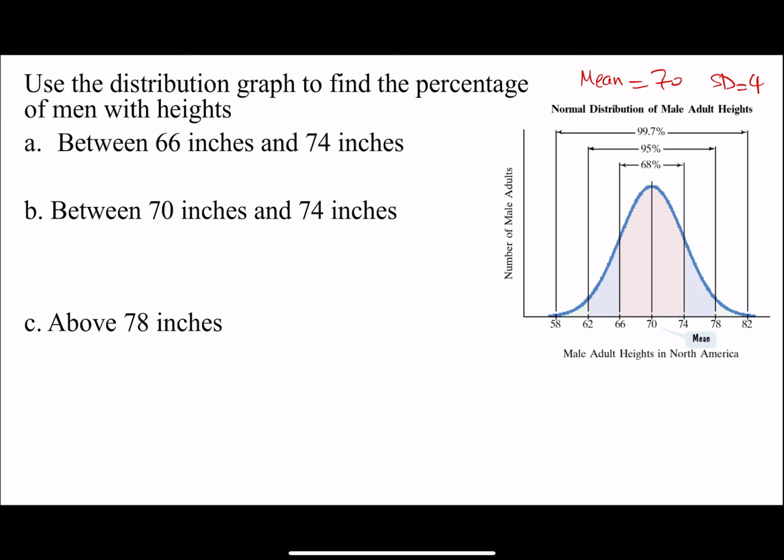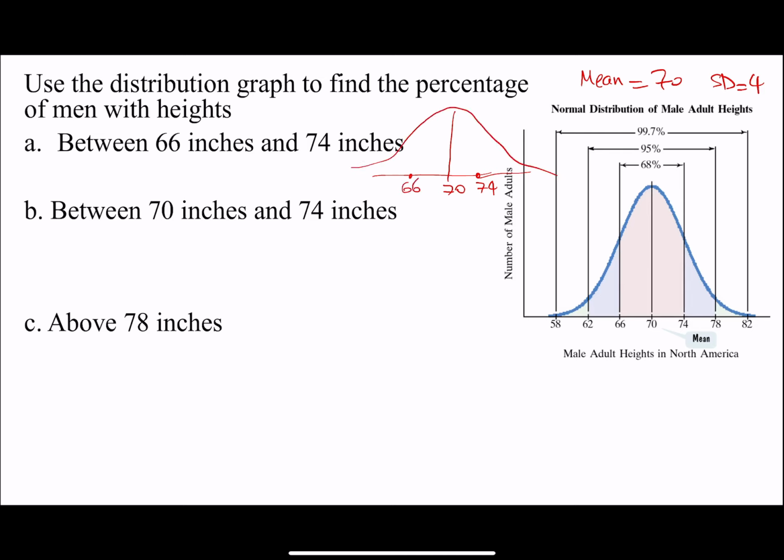If I have a graph and the mean value is 70, one standard deviation to the right is 74 because the standard deviation is 4. And one standard deviation to the left, 70 minus 4, is 66.